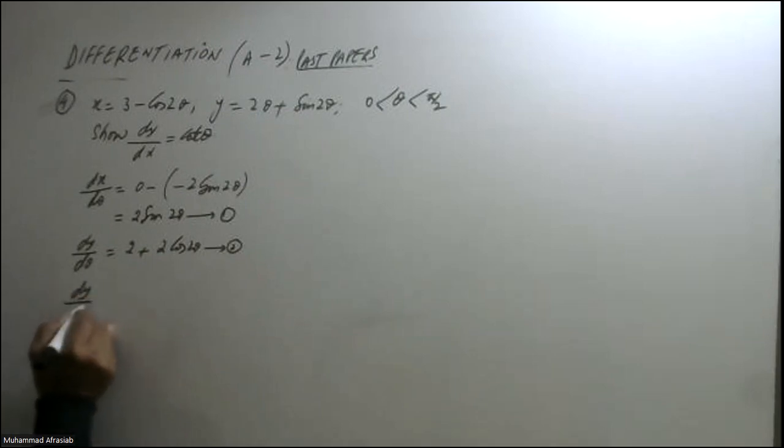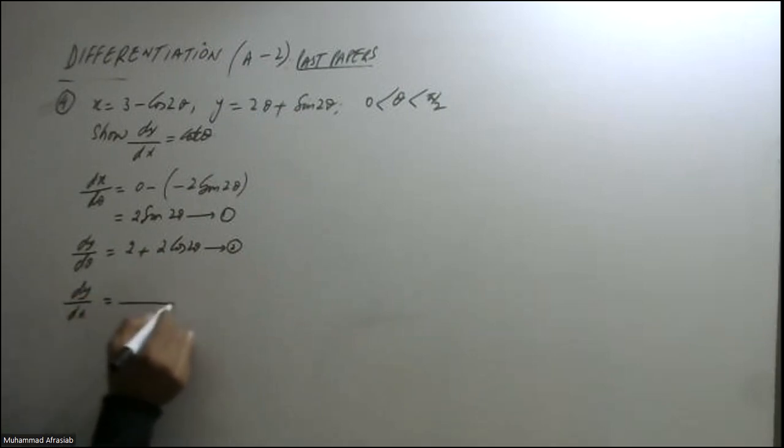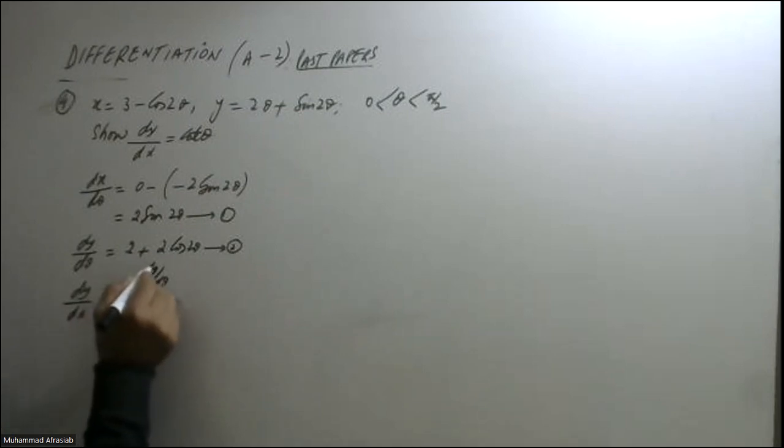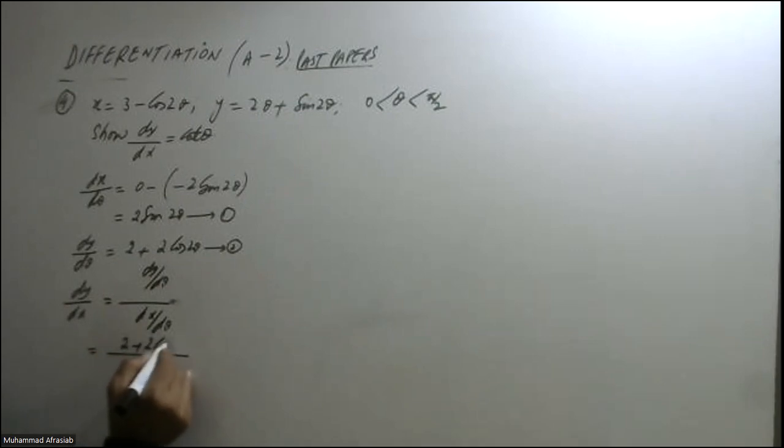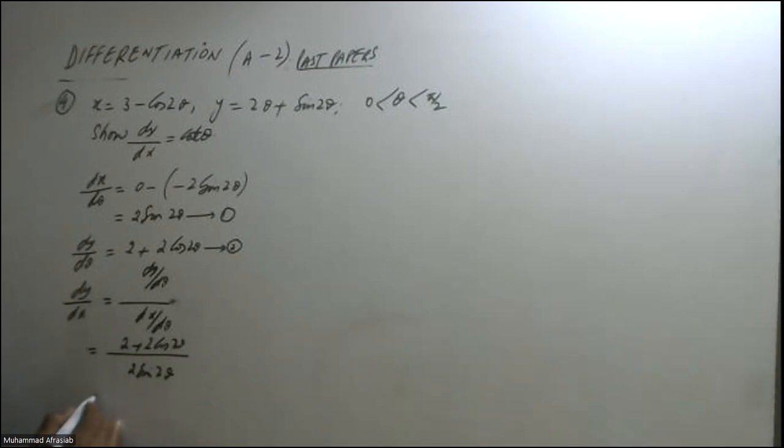So dy/dx is equal to dy/dθ over dx/dθ, whereas dy/dθ is equal to 2 plus 2 cos 2θ, over dx/dθ, which is equal to 2 sin 2θ. Now you can take 2 common there.